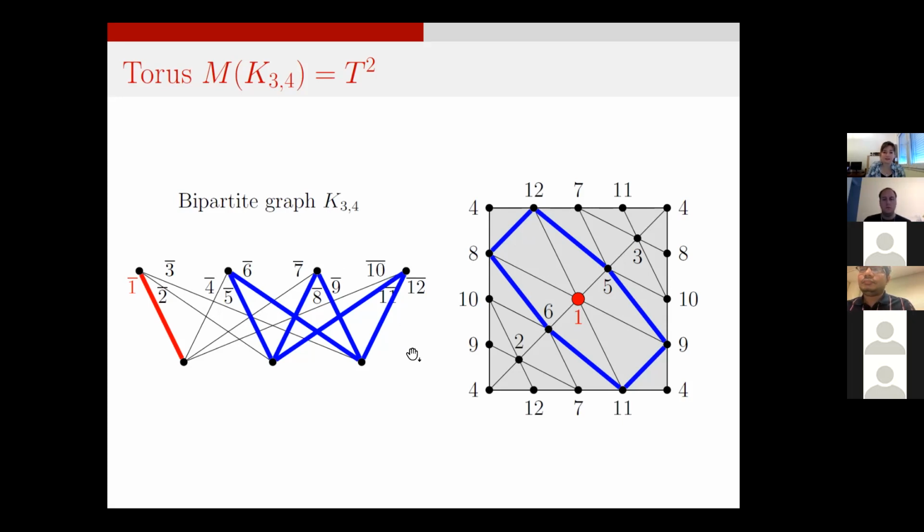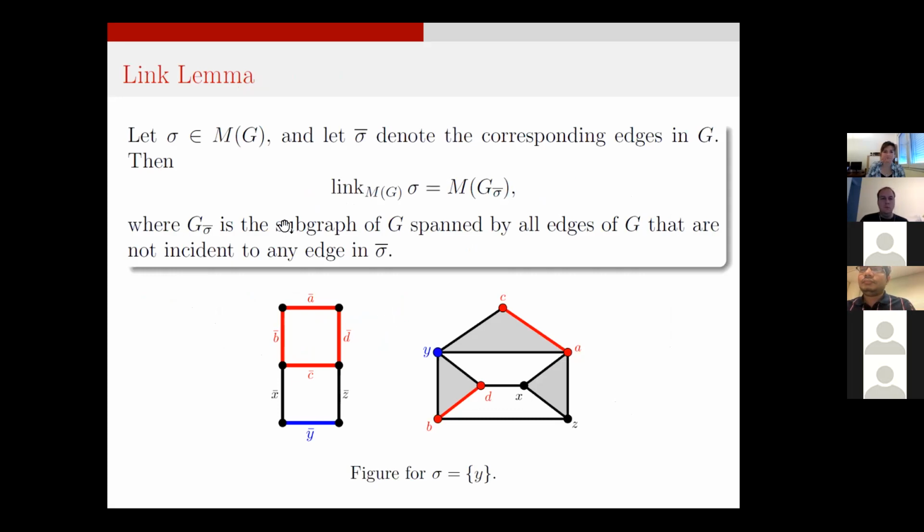And that gave us the idea for this link lemma, which is just a general statement of the previous fact. It says, look at any simplex in the matching complex and look at the edges that correspond to those vertices. Then the link of that simplex is another matching complex of a subgraph. Another very simple fact, but very useful later.